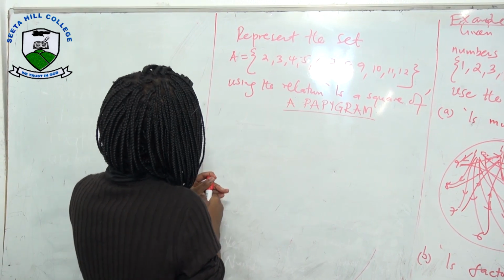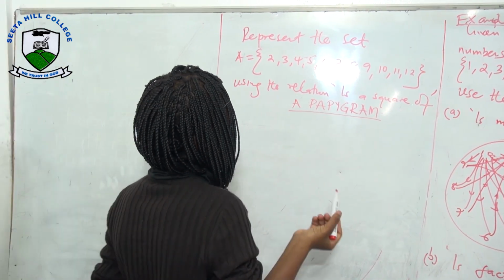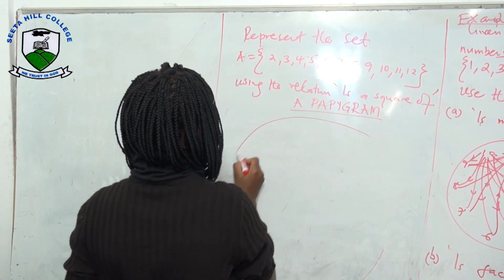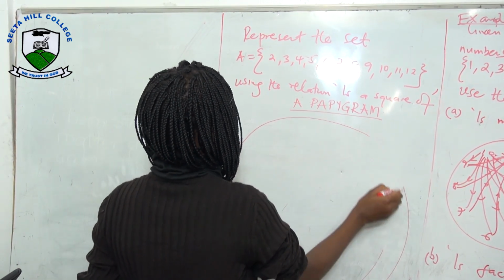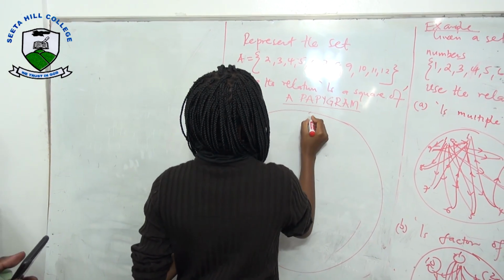So the question is using the relation is a square of, and they want us to draw. So you have to draw a circle. Then you have to put in those numbers.